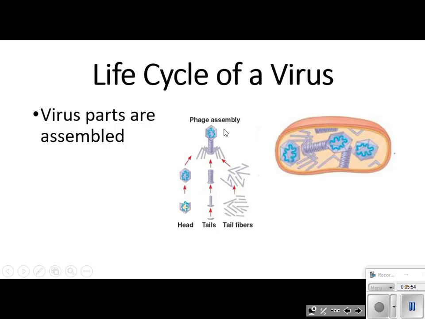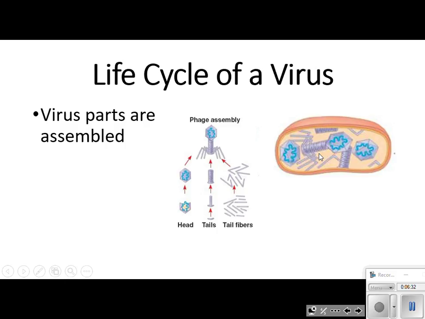Boom, there's the capsid. We see the base plate, then the sheath. There we go. And finally, the tail fibers put together. So now, in our host cell, we have assembled the virus. In your host cell, you should see many. Your picture has many different viruses that are assembled in it, more so than what my picture does up here.